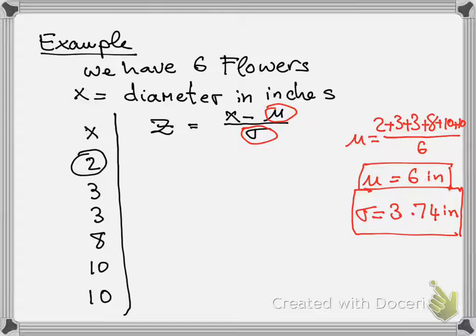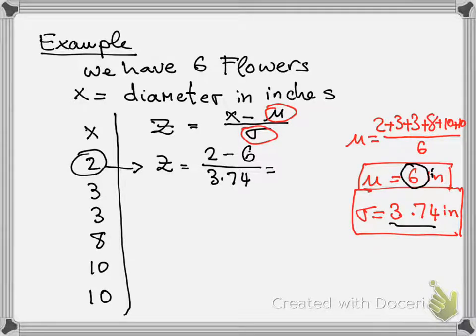So x is equal to 2 inches. What will be the z-score of 2? The z-score would be 2, which is my x, minus the mean. We said the mean is 6 inches, so that's 2 minus 6 over the standard deviation, so over 3.74.